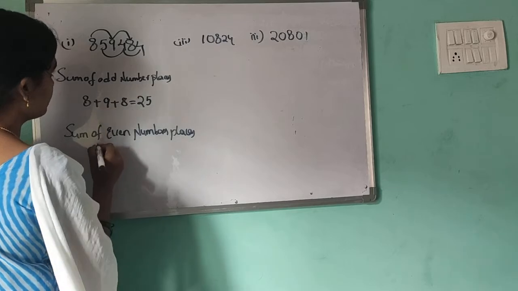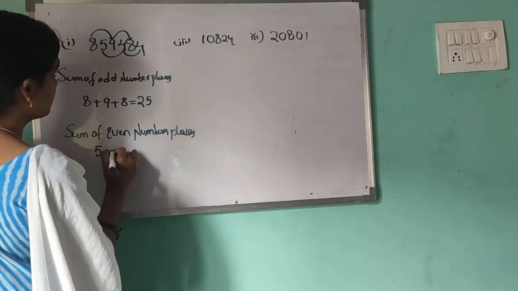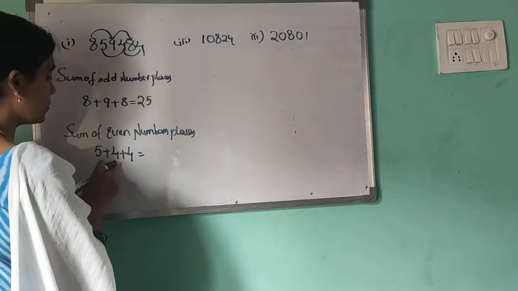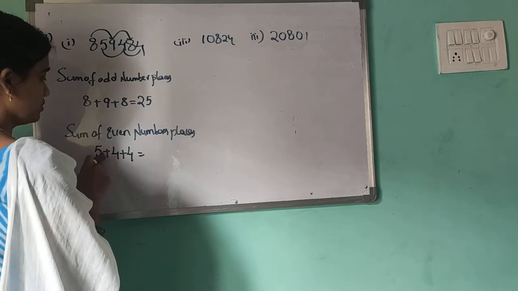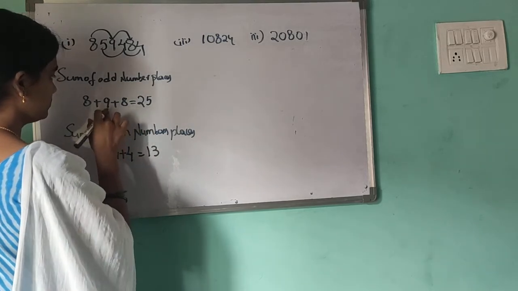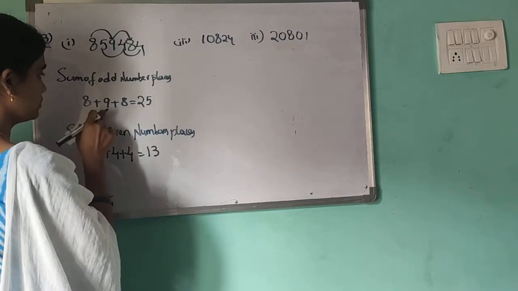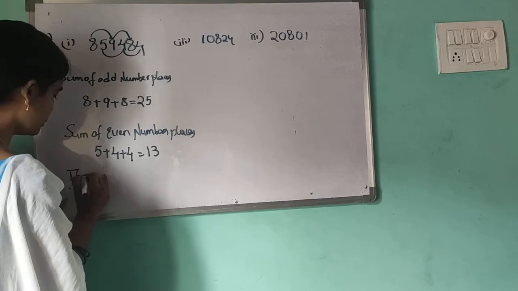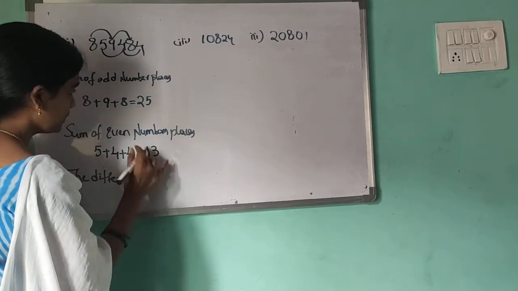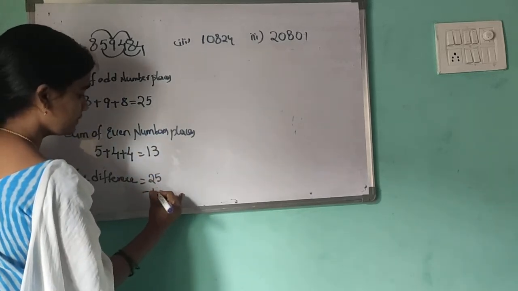Sum of even number places means 5 plus 4 plus 4 equal to how much? 13. The difference between both, odd and even: 25 minus 13.